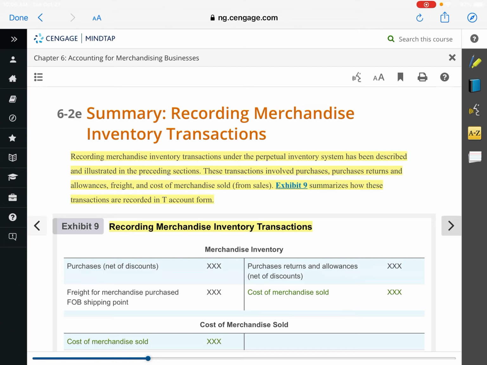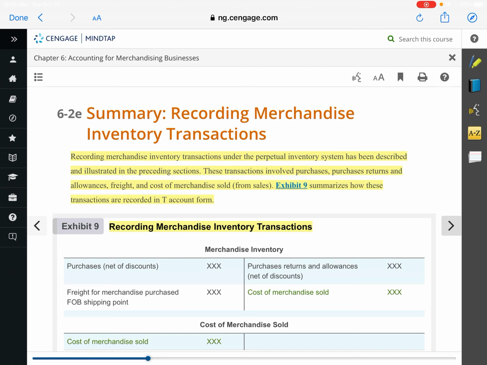So this is a little bit of a recap. So under merchandise inventory, reporting merchandise inventory transactions under the perpetual system. Remember, perpetual system means every purchase and every sale is recorded in our inventory.